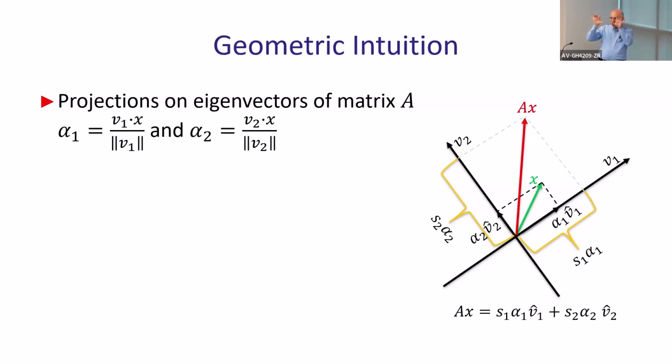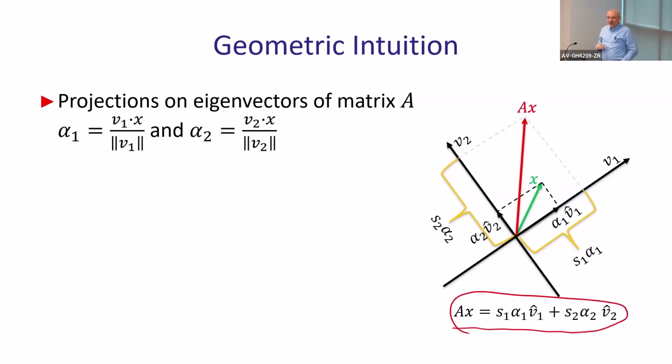So the final length of each one of these components, the coordinates of that new vector after multiplication by A, will be s1 times alpha 1, and this one will be s2 times alpha 2. Okay, so this will be like the total length. And this is what that formula at the bottom here says, right?